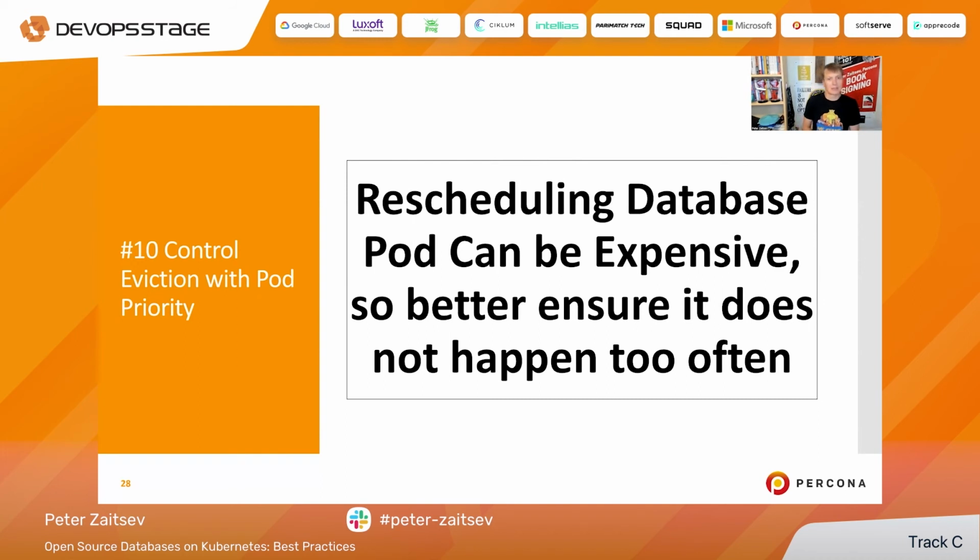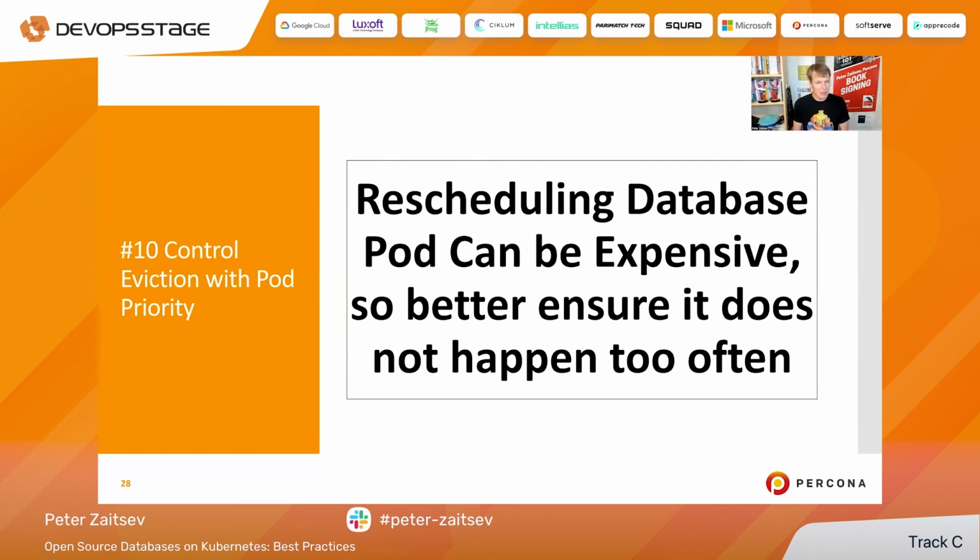Next, the highlight would be to control the pod evictions with the pod priority settings, right? Well, Kubernetes works this way: sometimes pods need to be rescheduled, right? And that means they're essentially killed, maybe to make space for some higher priority pods.